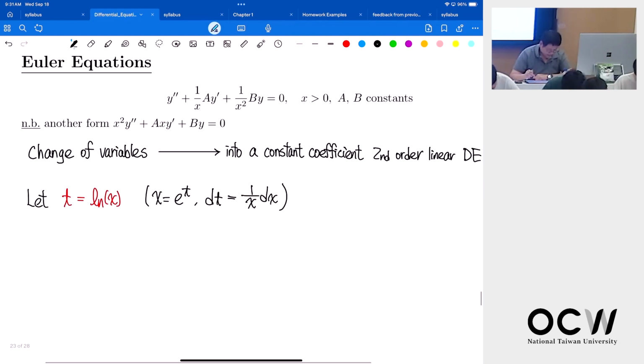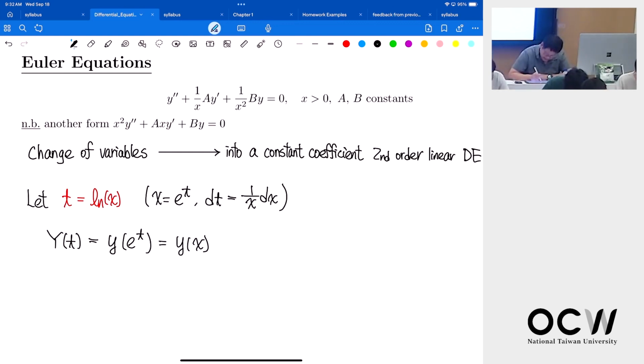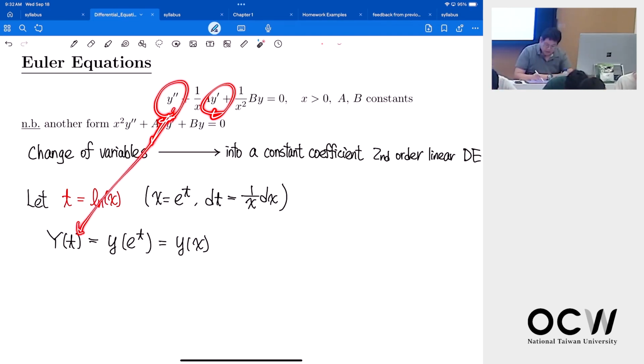So we will change the function of x into a function of t, to have a capital Y of t function. That means lowercase y of e to the t, and that is y of x. Now we need to find y prime and y double prime, and we will use the capital Y to express y prime and y double prime.